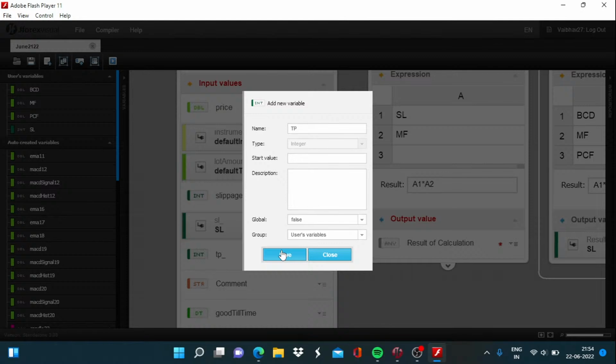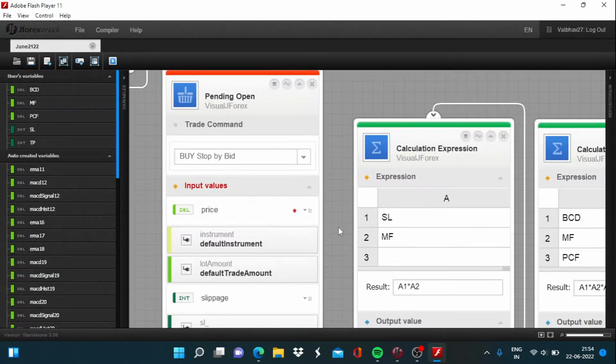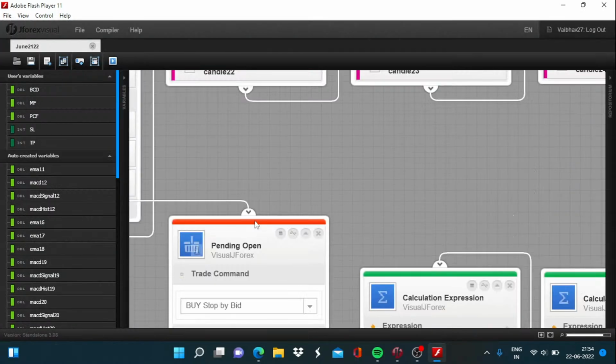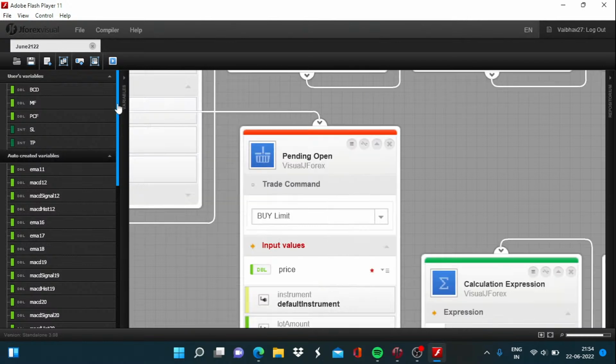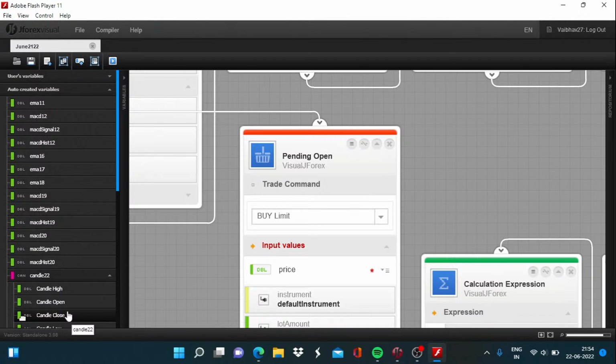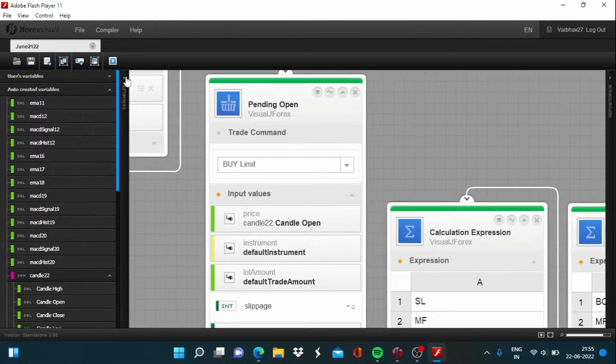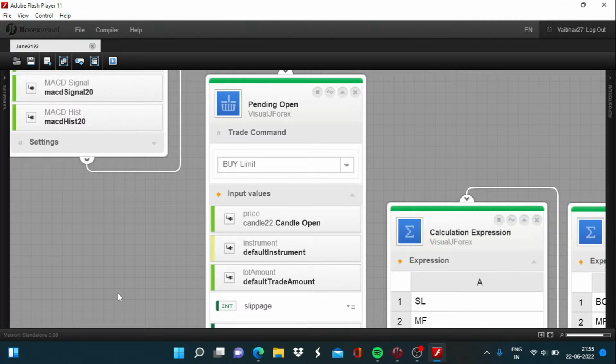And the execution price is going to be the last hour's opening price. This will be a limit order by limit. So I am going to take candle 22nd candle close. Candle open price as the opening price point for the execution of the trade.